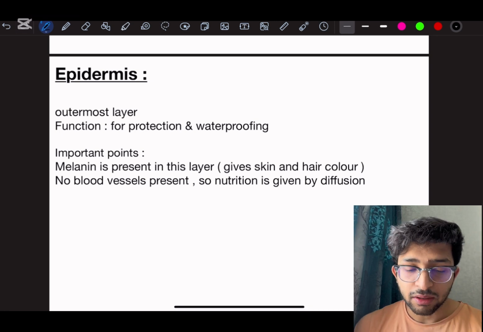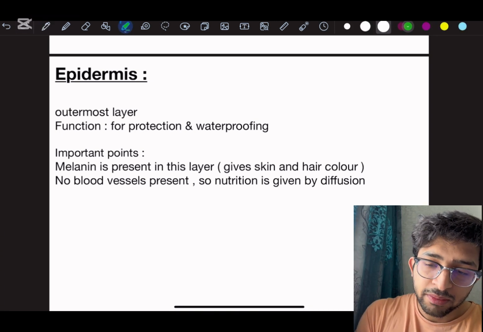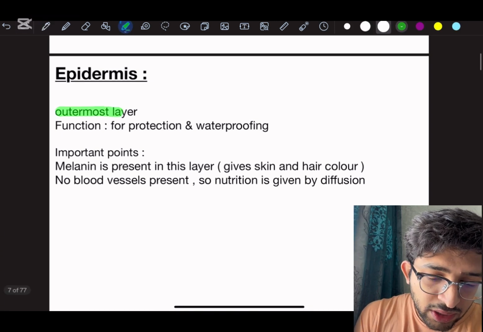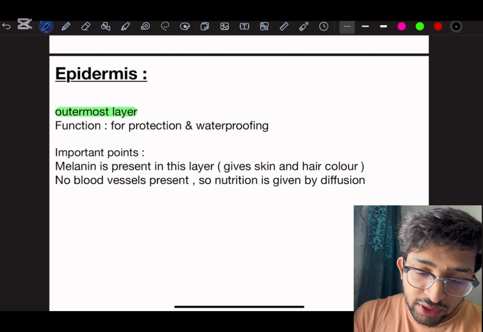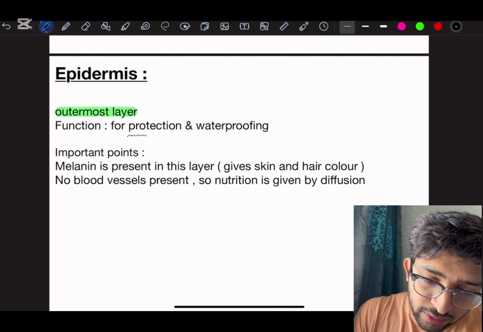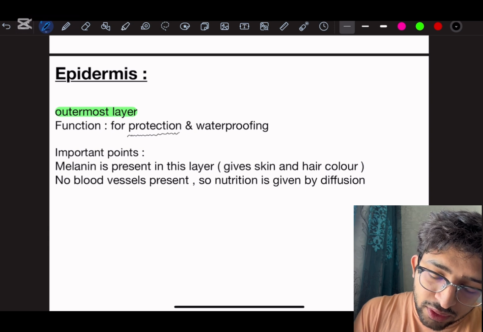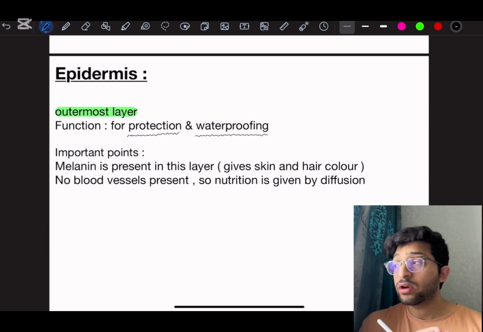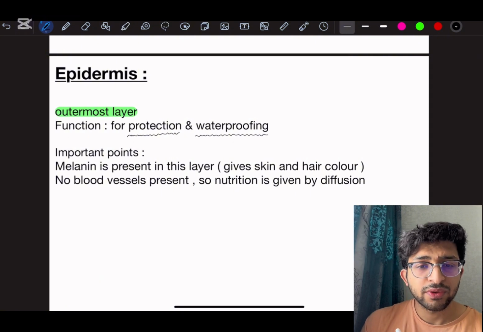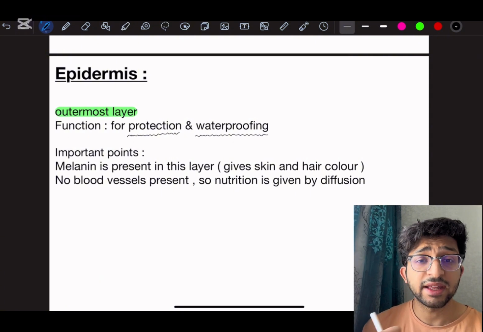What is epidermis? Epidermis is the outermost layer which I had discussed earlier. Its function is protection and waterproofing of the skin. It will not allow the microbes, and it will not allow the water to get inside of our skin directly.